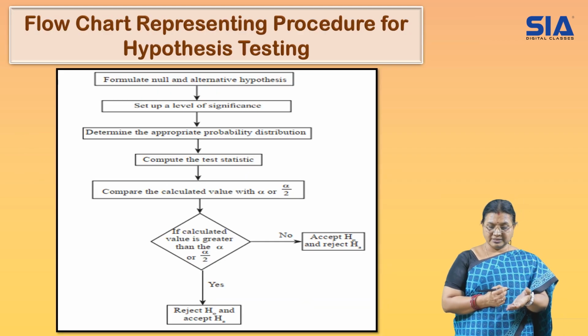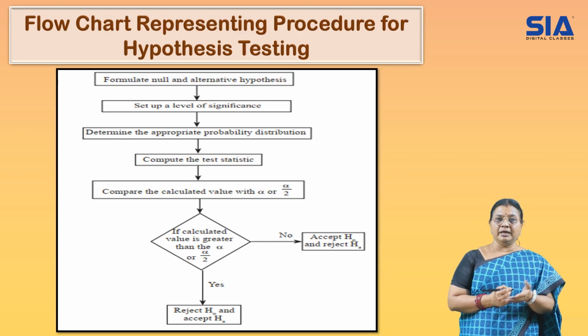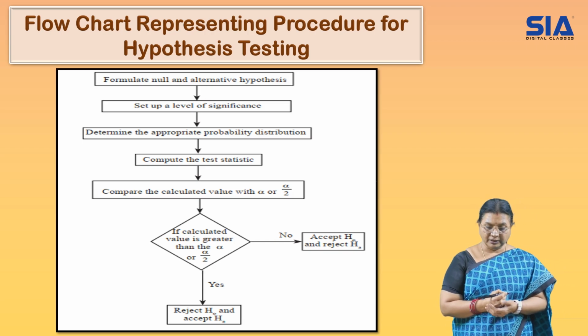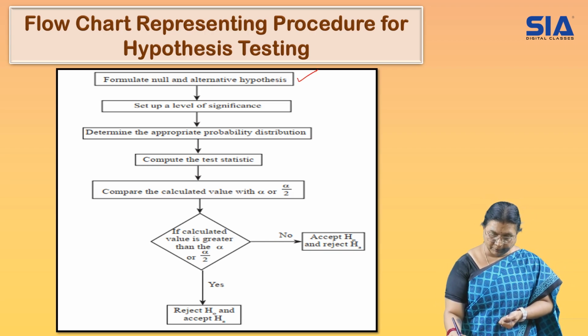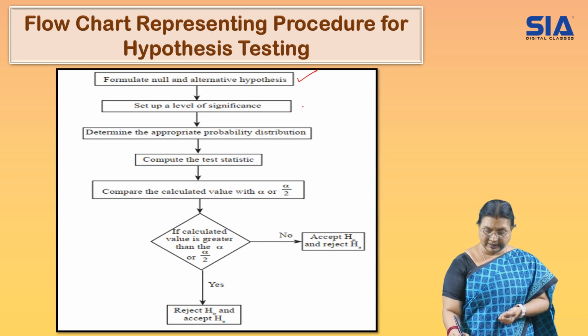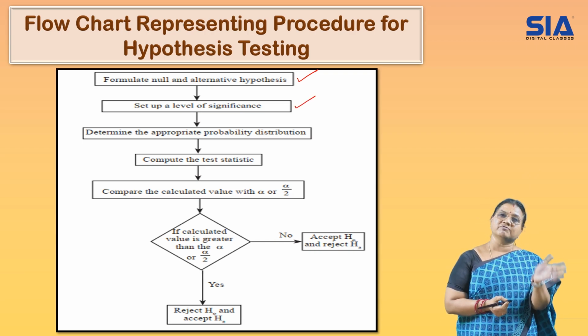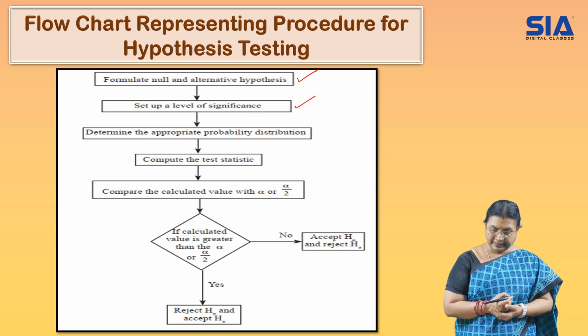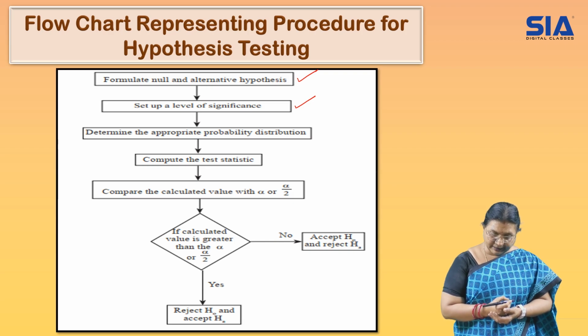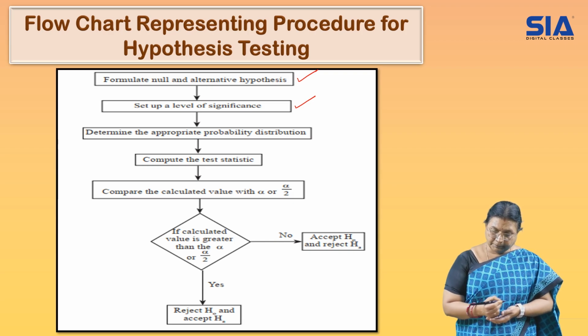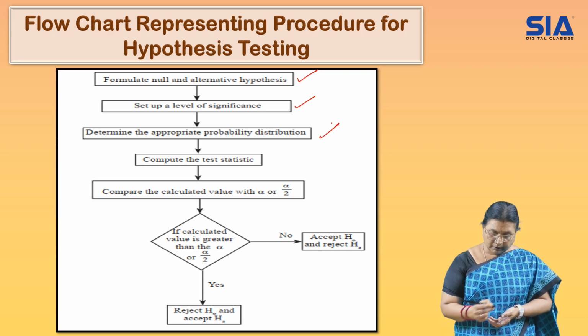You can see the procedure with the help of a flowchart. First we have to formulate the hypothesis. Then we set up the level of significance. If it is 5%, it is 95% confidence. If it is 1%, it is 99% confidence. Then determine the appropriate probability distribution. Then compute the test.